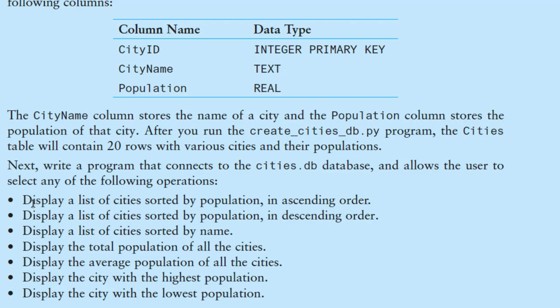So let's briefly just go through the list of operations that the program is going to do. It's going to display a list of the cities sorted by population in ascending order. And then it will be able to display a list of the cities sorted by population in descending order.